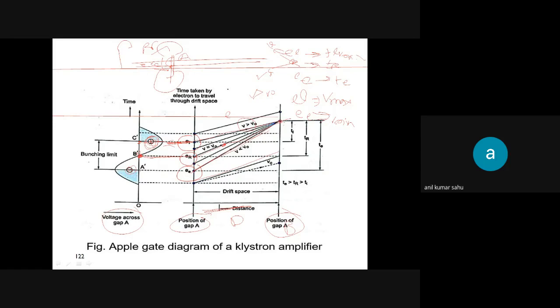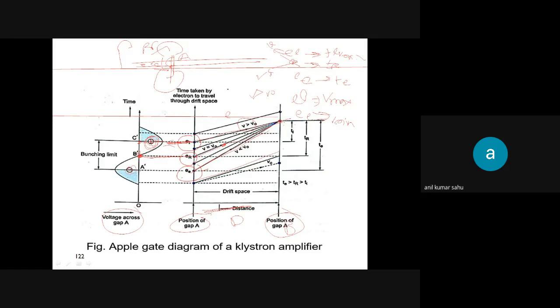Once it interacts with the high negative field, the velocity of the electron is going to be reduced because of this negative field. You receive the minimum velocity for the early electron, because it started to travel so early compared to the late electron and reference electron.